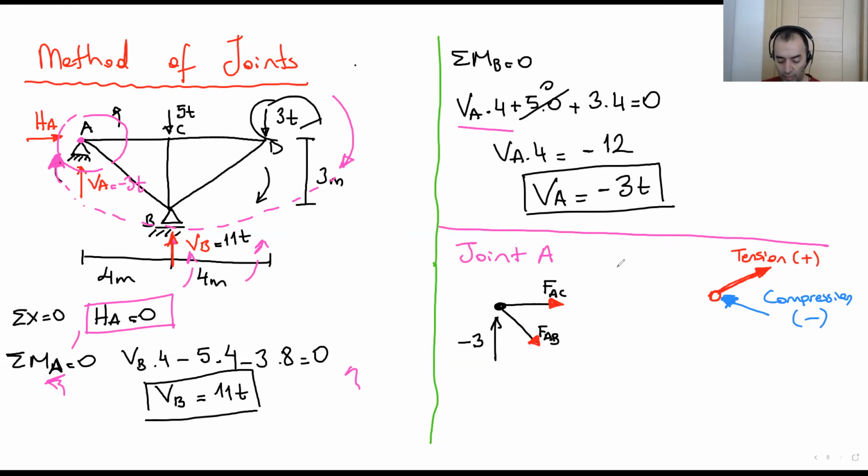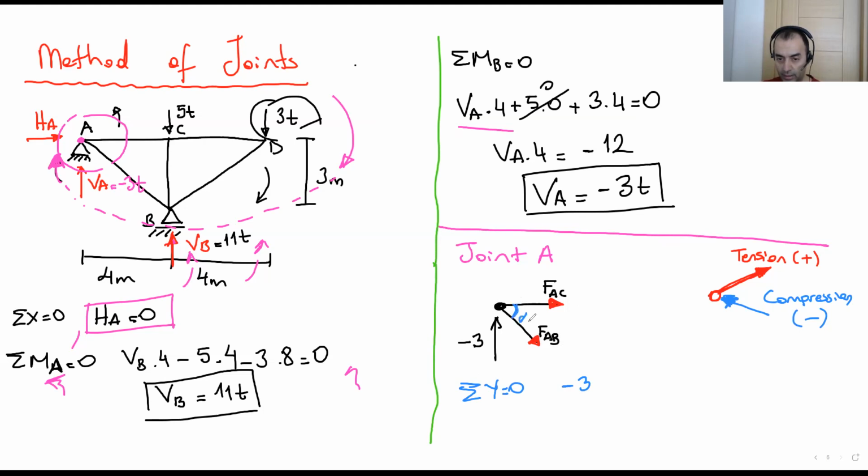Okay, so let's write the equilibrium equations. Let's write the total Y. Here, what I have in this direction, I have minus 3. So I need the vertical component of this FAB.